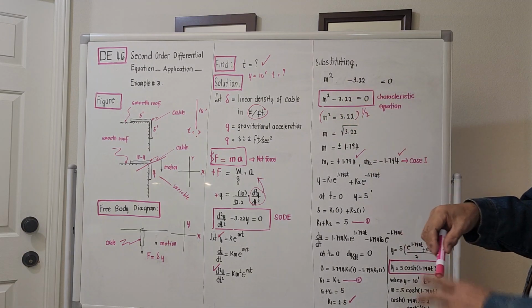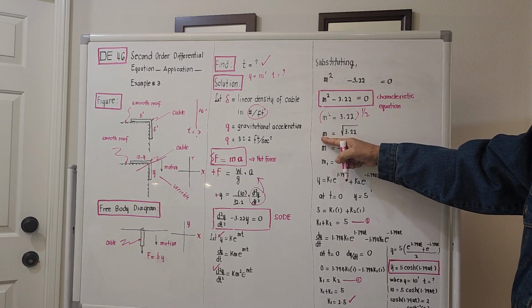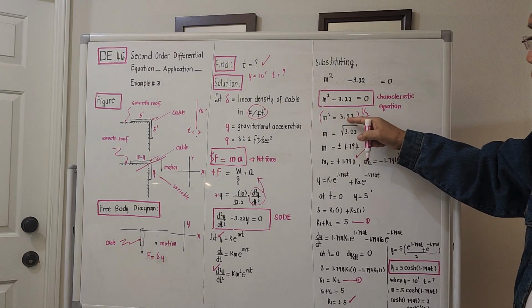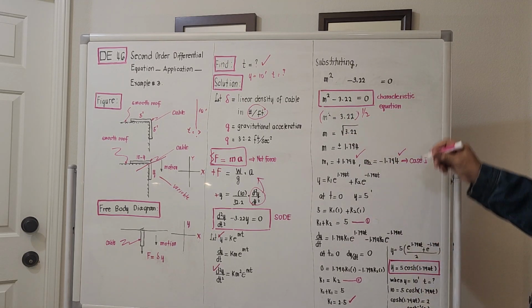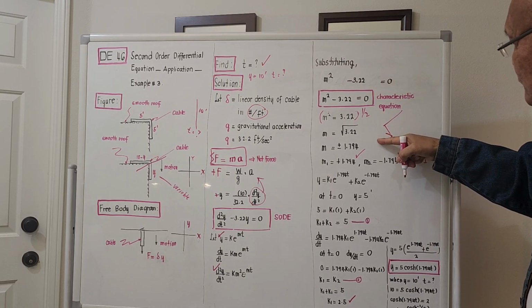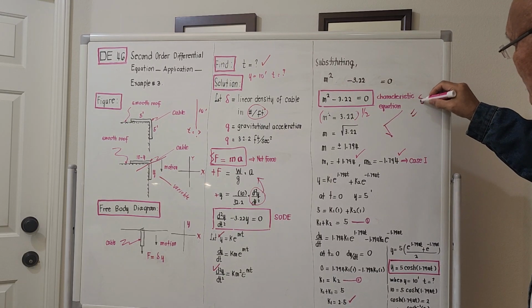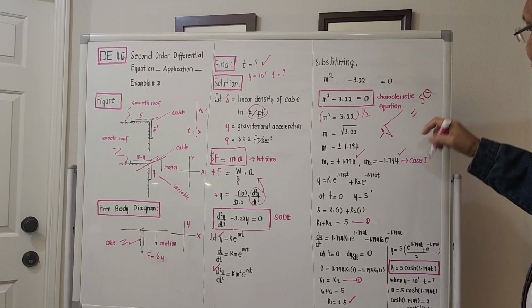M squared raised to the 1/2, these two cancel, so it will become m. And 3.22 raised to the 1/2 is just the square root of 3.22. A radical sign without the 2 is square root, right? But if this is 3, it should be cube root.